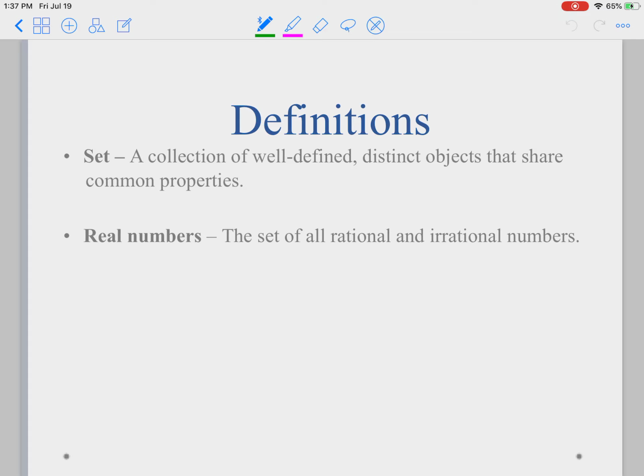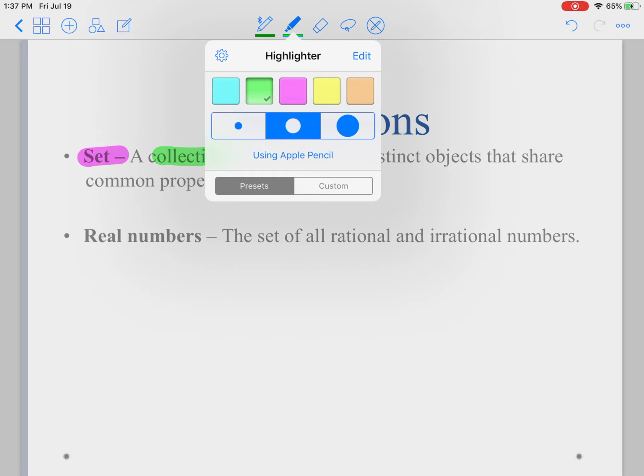So our last couple of definitions. A set. I've used this word many times throughout this unit so far, and what a set is, is a collection. It is a collection of well-defined, distinct objects that share common properties.